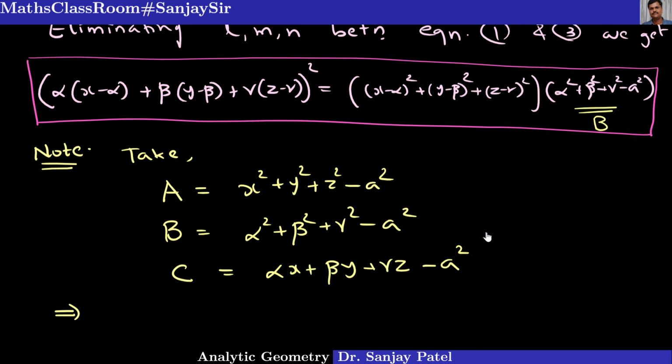So if you take the subtraction of these two, what you will get is C minus B. C minus B is nothing but this, because alpha x minus alpha square will be the first term, and taking alpha common we will get alpha times x minus alpha. And then same way beta times y minus beta, and this a square will be cancelled.